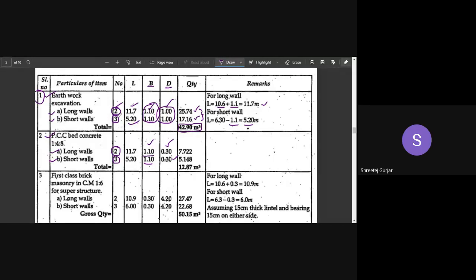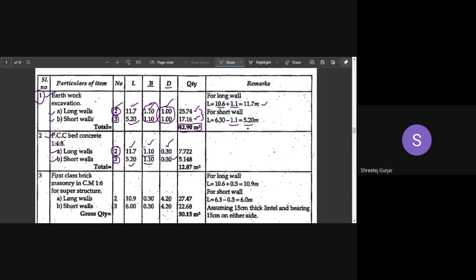Now coming to length, it is also the same as that of your excavation work, because the width is the same. We take 10.6 plus your width, that is 1.1. It will be the same as the earthwork in excavation, that is 11.7 meters for the long wall and 5.2 meters for the short wall.